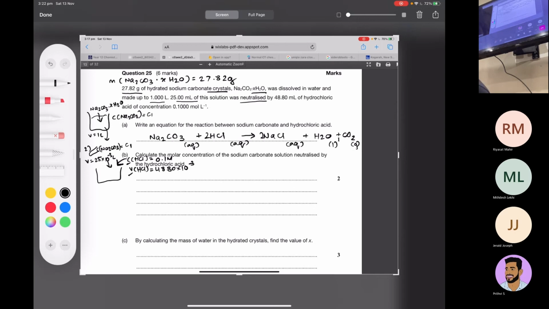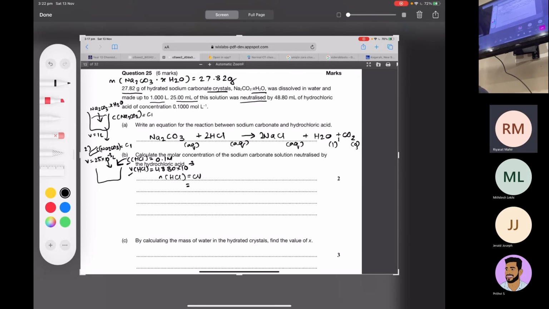Okay? So the number of moles of HCl is CV, which is equal to, rheostat, what did you get for the number of moles of HCl?